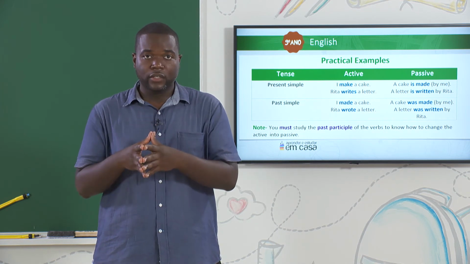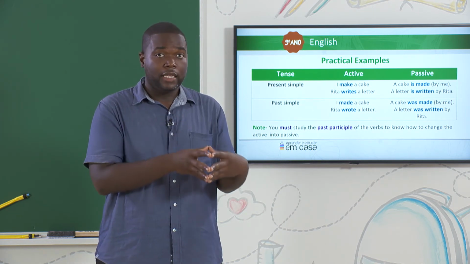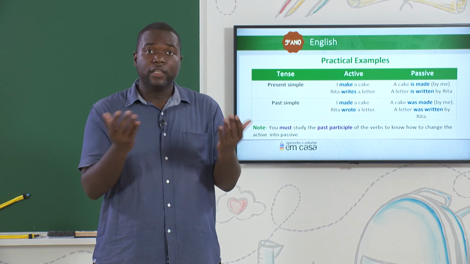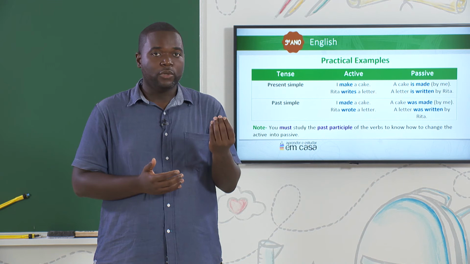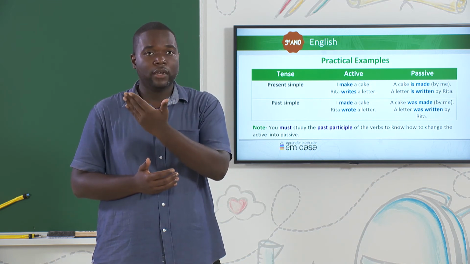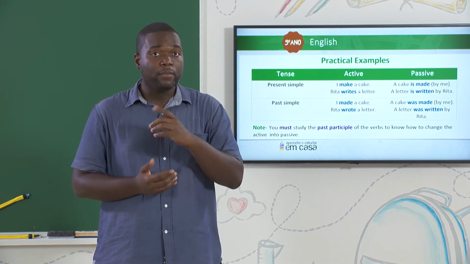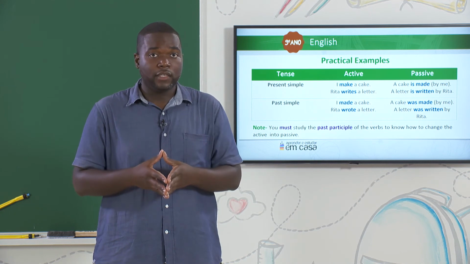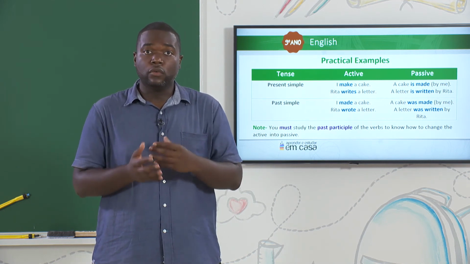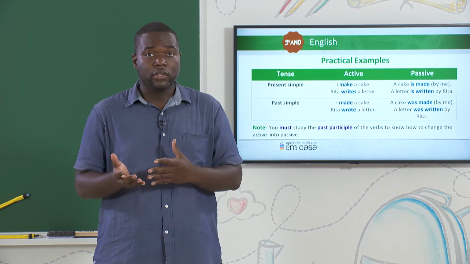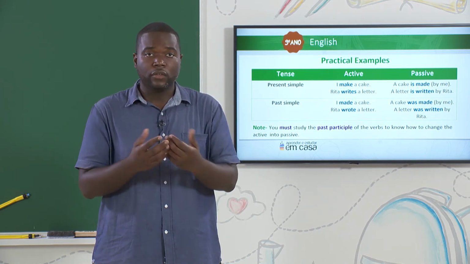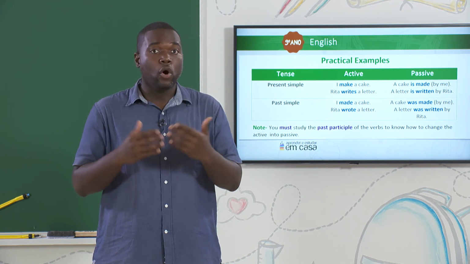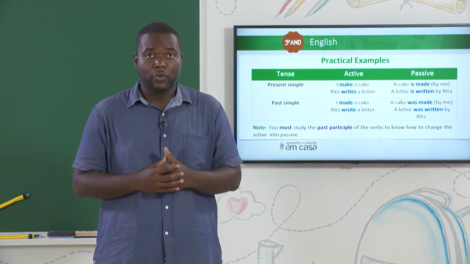The subject, the verb, and the object in the active, they switch when we go to the passive, all right? The object becomes the subject, and the subject becomes the object. And remember that when we are talking about the passive, you might choose to add or not who made the action, because in the passive, we just focus on what happened, not on who did what, okay?